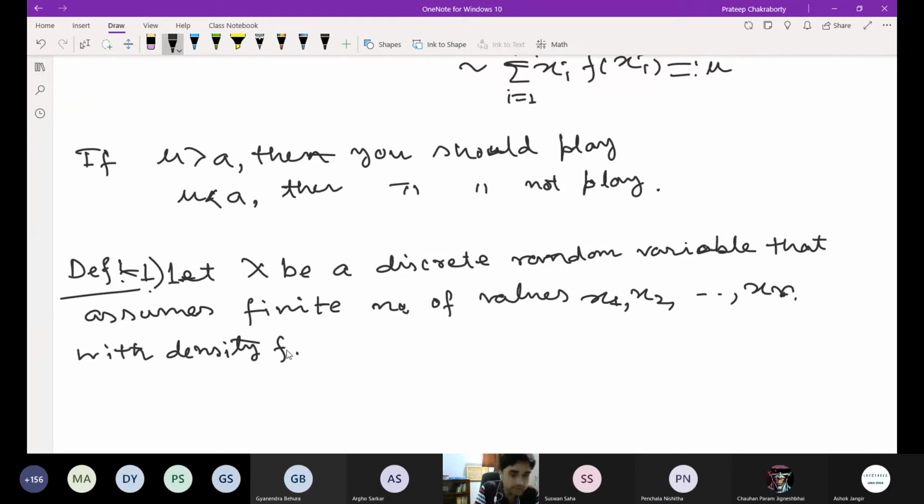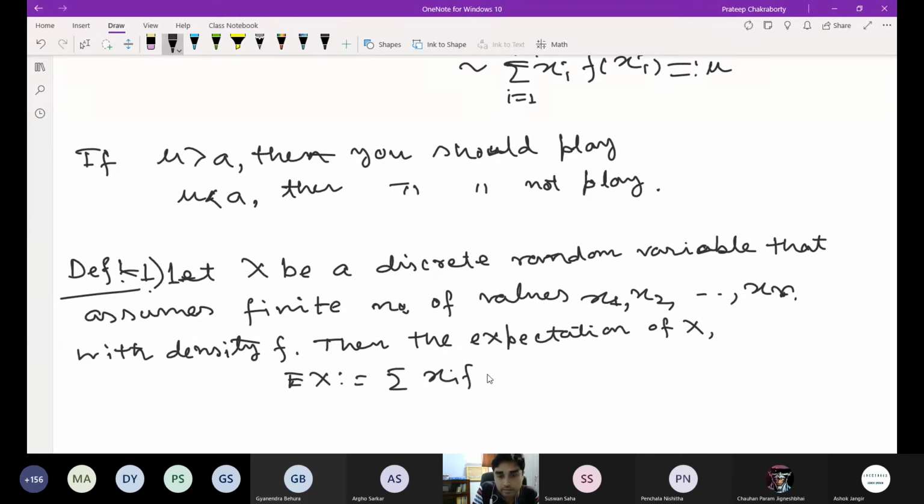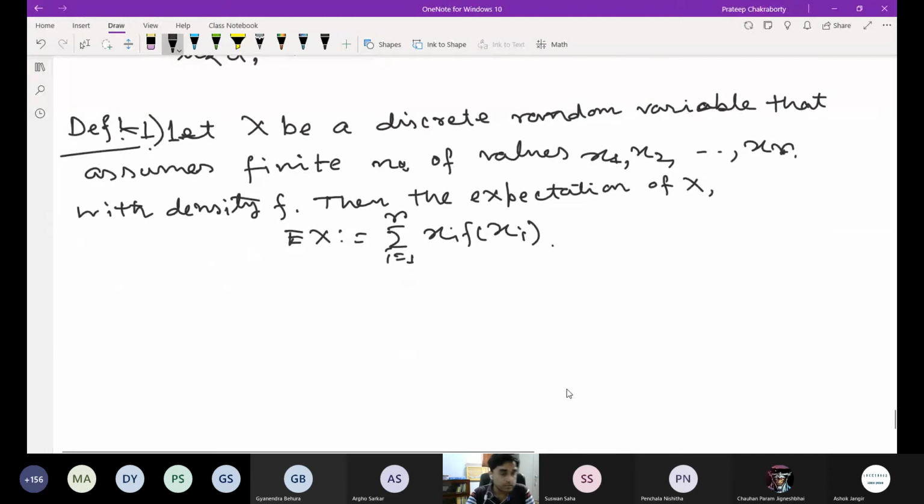Then the expectation of x, which we denote by Ex, is defined by the summation of xi f of xi, i equal to 1 to r. Okay, so some examples.